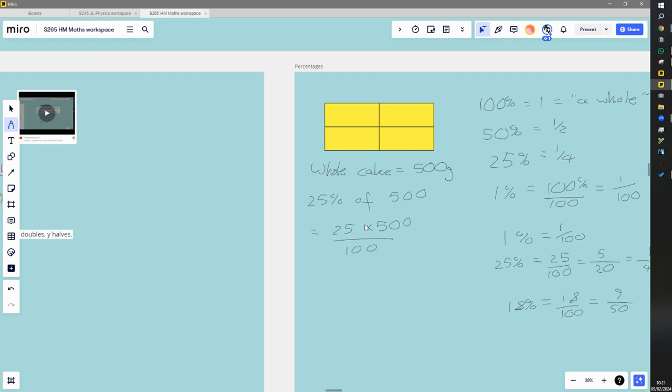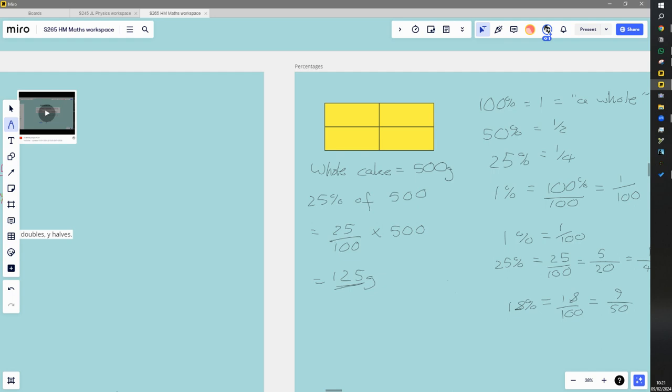Because we know that 25% means 25 over 100, and we times that by 500. So you can say it's a fraction of an amount rather than a percentage of an amount, and we've done fractions of amounts before. So 25 divided by 100 is 0.25 on my calculator. Times that by 500. I get 125 grams. So we'll do a little bit of practice at that as well.